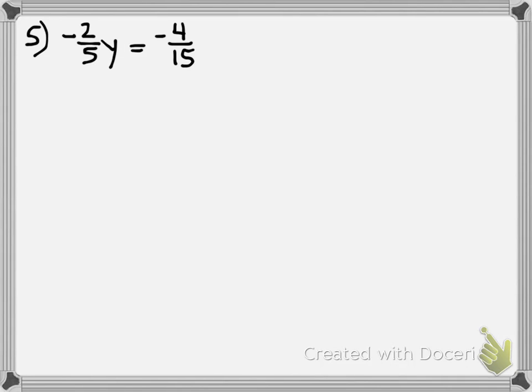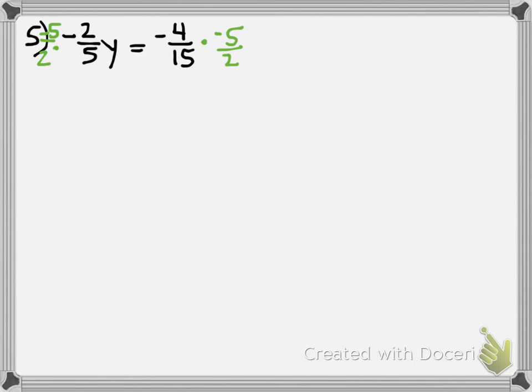So what would I multiply both sides by to get rid of negative 2/5 times the y? What would I multiply both sides by? 5 over negative 2. Okay, and again, when we deal with negatives, always keep them up in the top. So negative 5 over 2. I'm going to make it negative 5 over 2. Okay, 5/2 is how you read that.